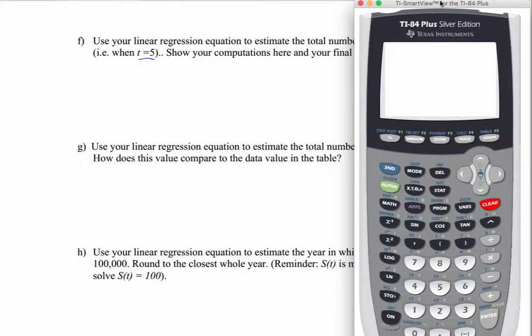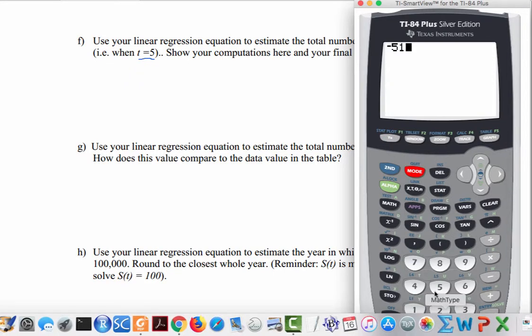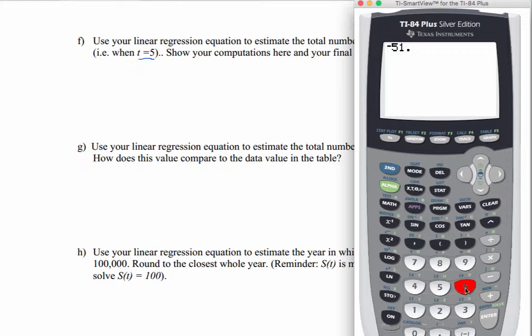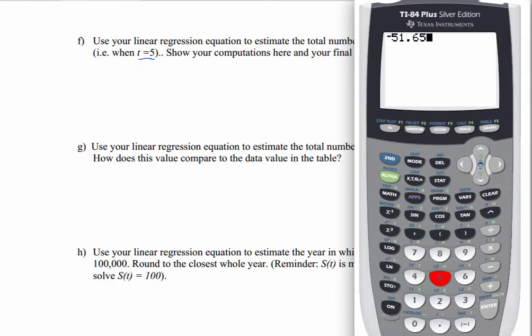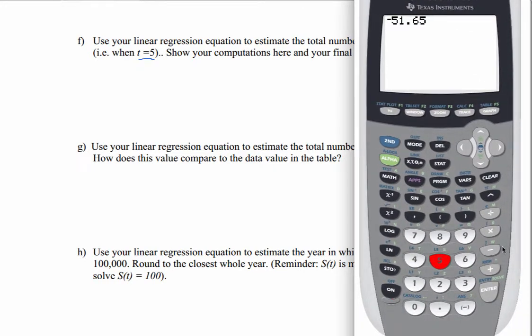So we've got negative 51.65, and I'm multiplying that times 5. And I'm going to add to that my 448.2.